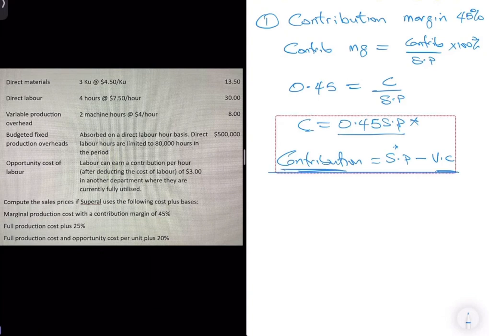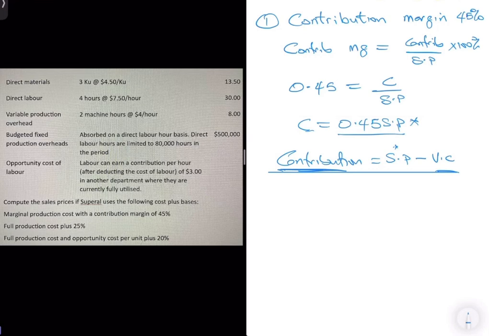Variable cost we can get from the question, because variable costs are our direct costs, which include direct materials, direct labor, and the variable production overheads. So what's the total variable cost? 51.5, thank you.